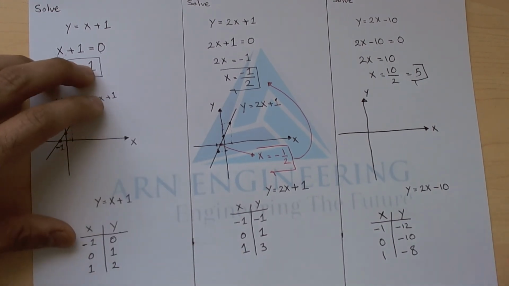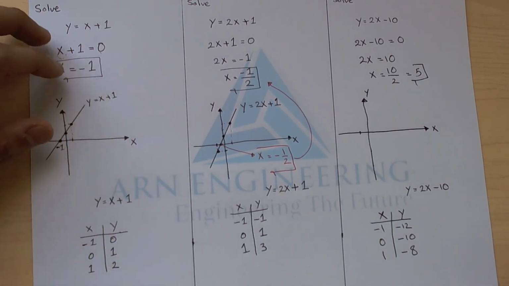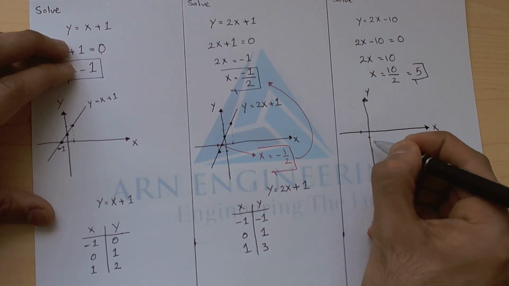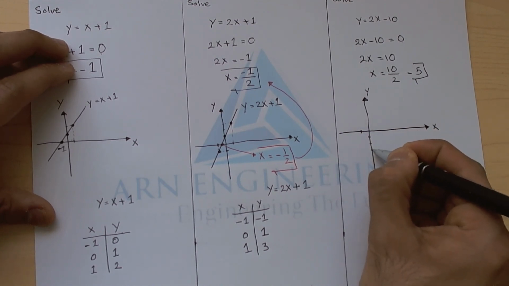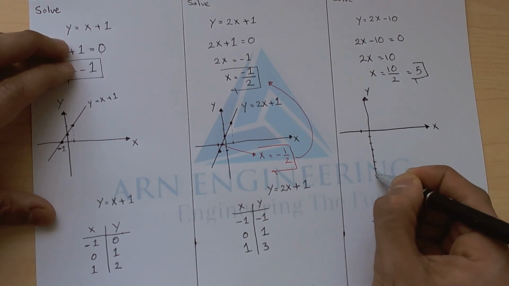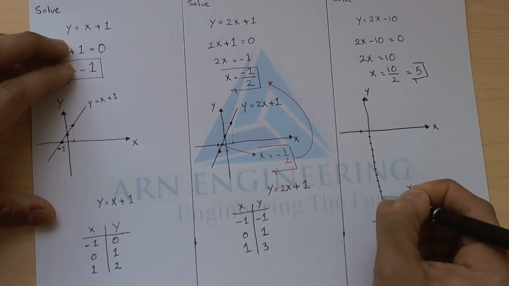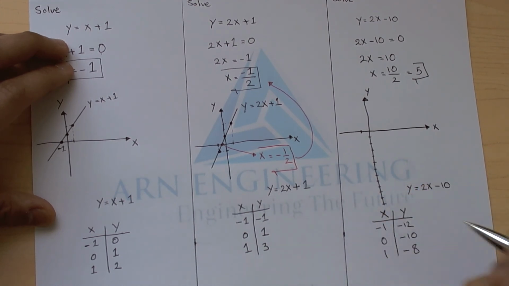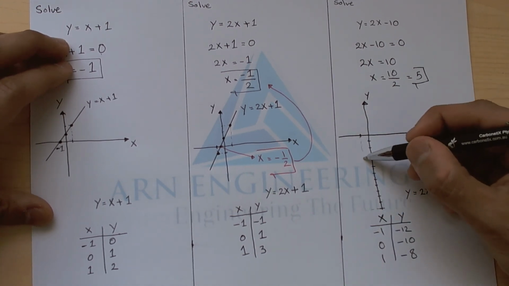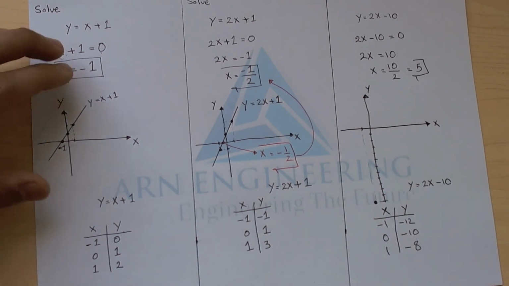Okay. So when x is -1, we have -12. So 1, 2, 3, 4, 5, 6, 7, 8, 9, 10, 11, and 12. So that's our first point.